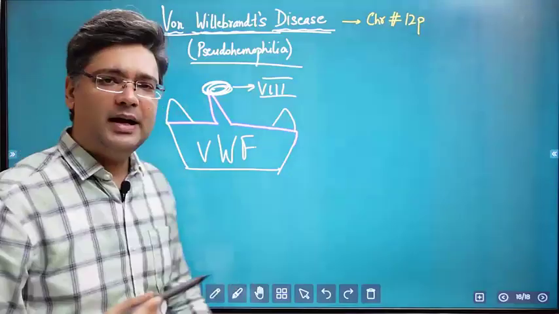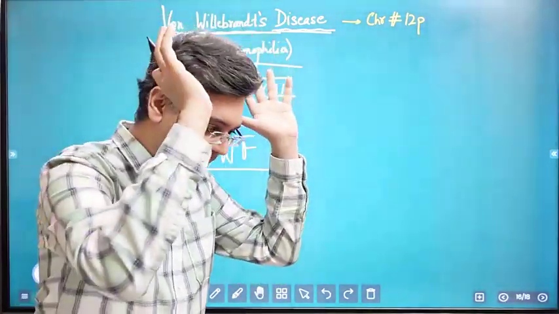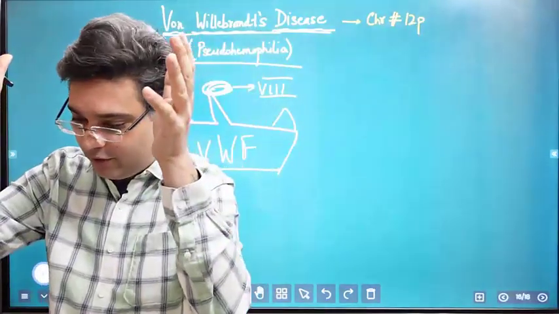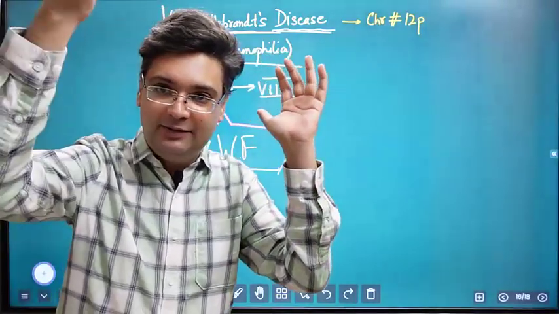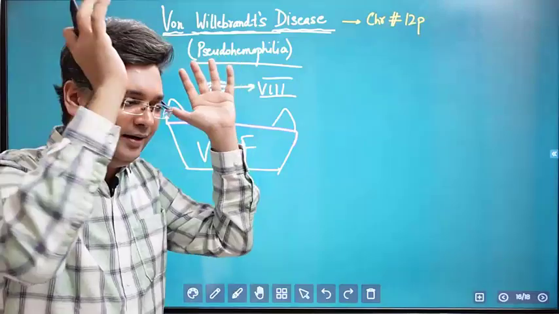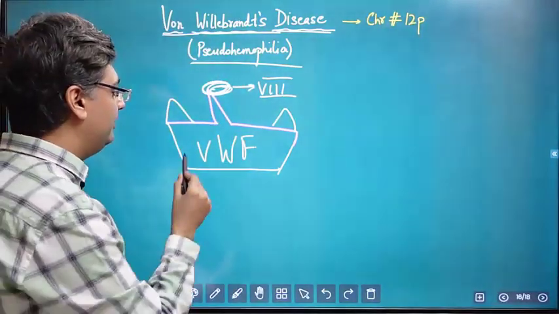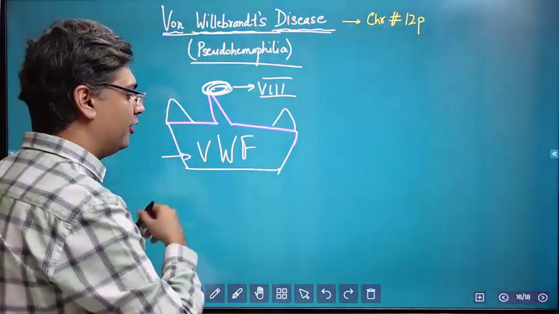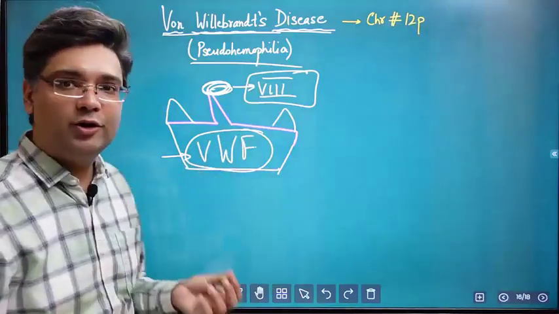Do you imagine those people who are selling fruits, the vendors with vegetables on top of their head? Now imagine this von Willebrand factor is carrying factor 8 on its head. When von Willebrand factor is missing, how will factor 8 be carried on top of the head?